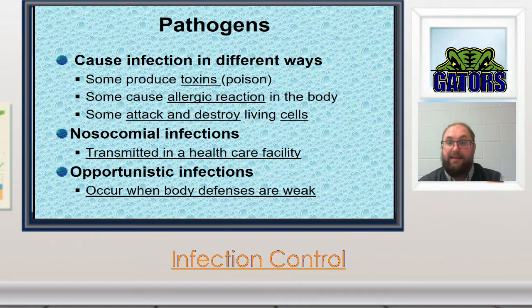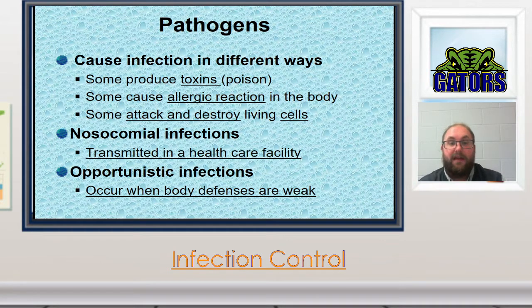Funguses only really harm us when they start to grow because they cause an allergic reaction somewhere in our body and our body reacts to it. And some, like viruses and rickettsia and protozoa, they specifically attack and destroy living cells. Their life cycle often requires them to attack and destroy cells.